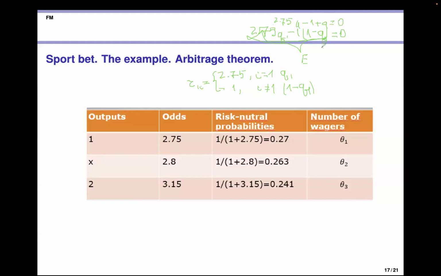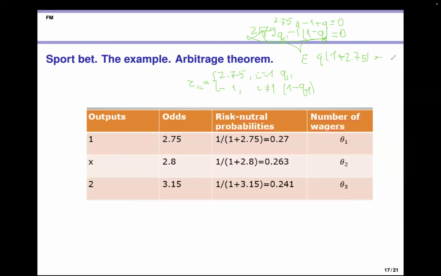So it will be like Q1 times the bracket of 1 plus 2.75 equals 1.